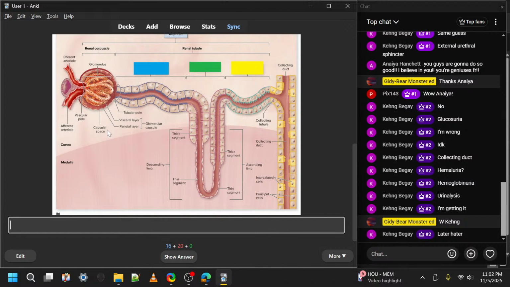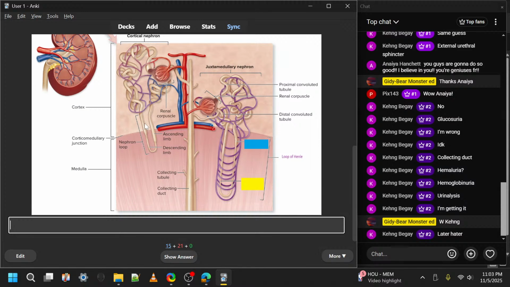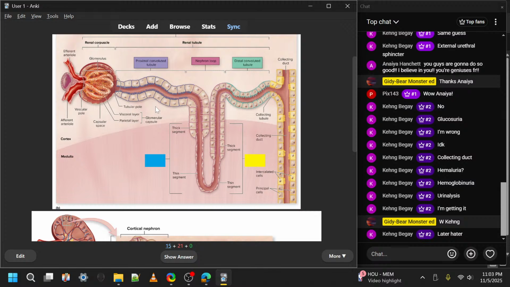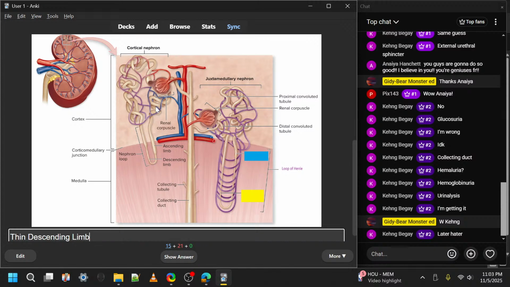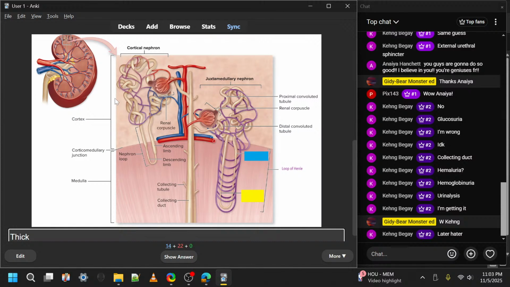And yellow is the distal convoluted tubule. Blue is the thin descending limb. The yellow is the thick ascending limb.